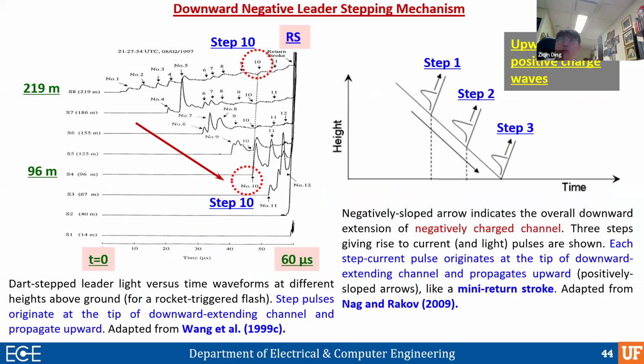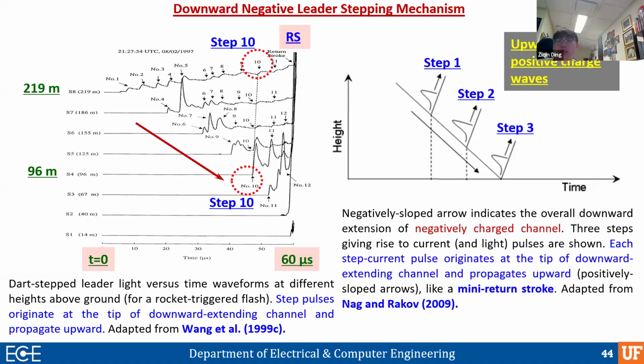Dot step leader is something between negative step leader and dot leader. For a dot leader, the channel condition is still good and remains very conducting, and in the electric field measurement we didn't observe any step pulses corresponding to the steps that are commonly observed in the negative step leader when virgin air appears, where you have to break down the virgin air and then propagate towards the ground.